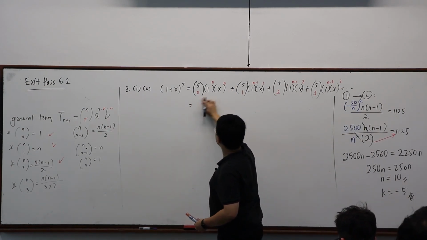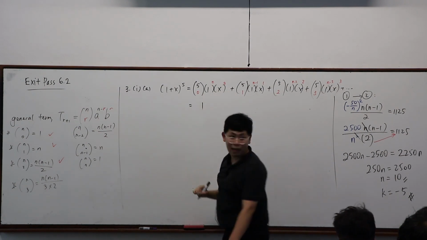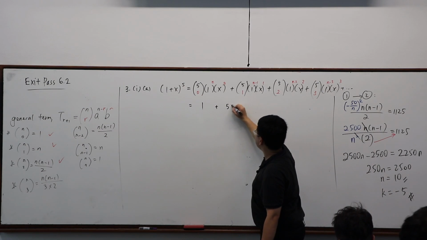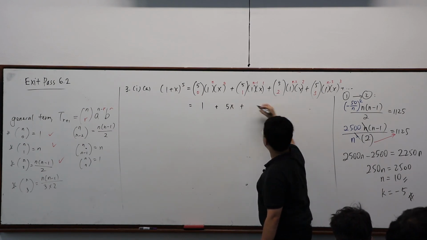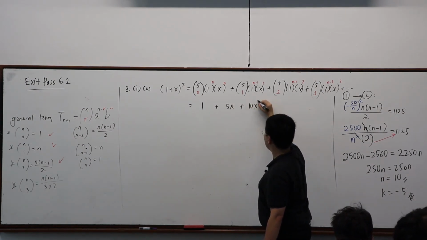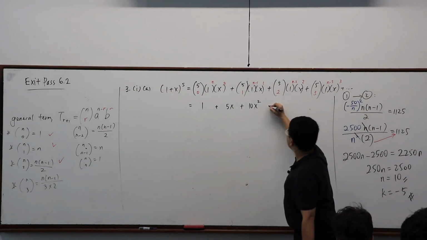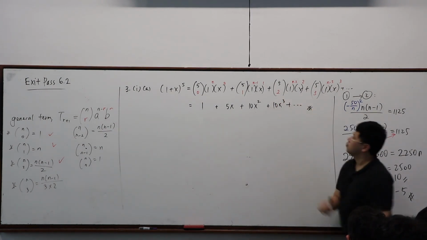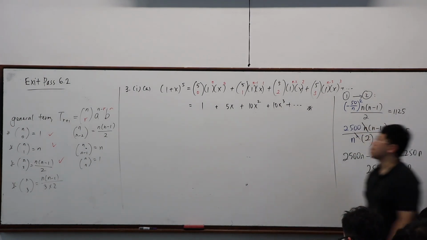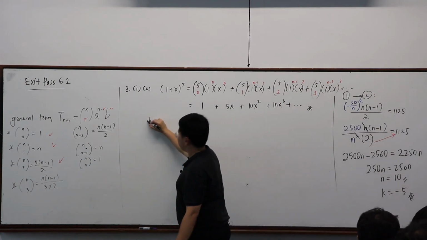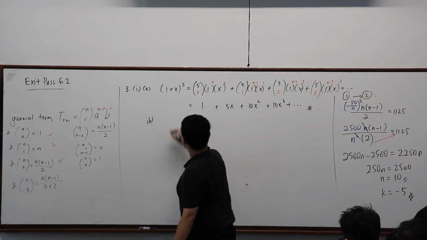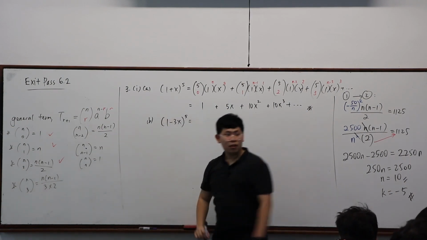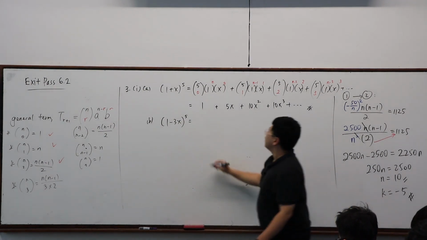All this should be 1. This should give you 5x. This should give you 10x squared. Same thing, calculator. This is 10x cubed. Same thing for b.